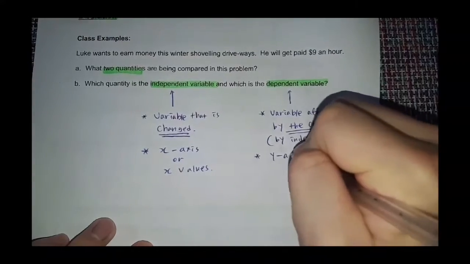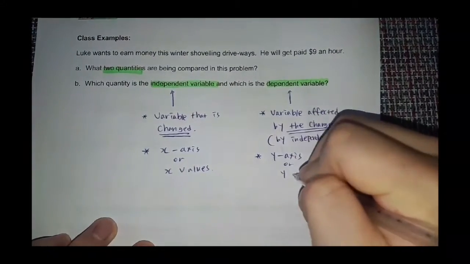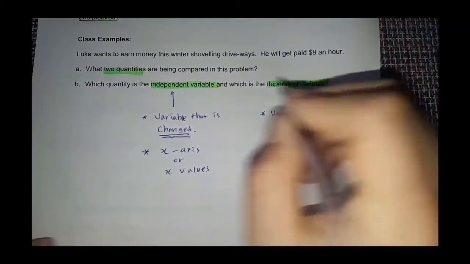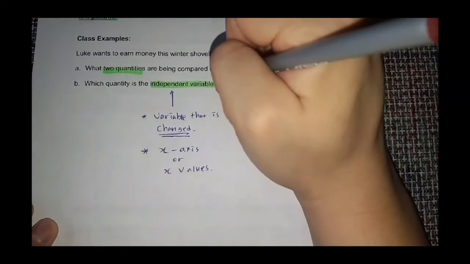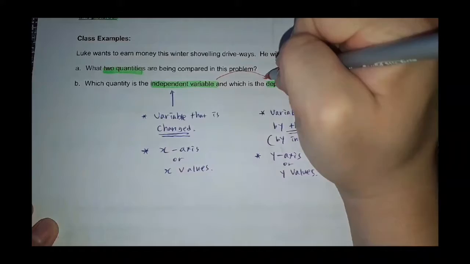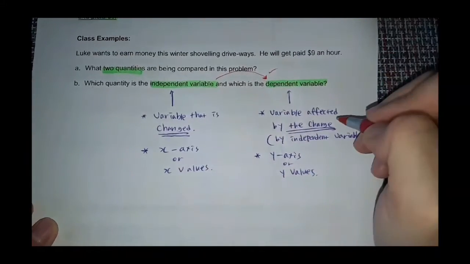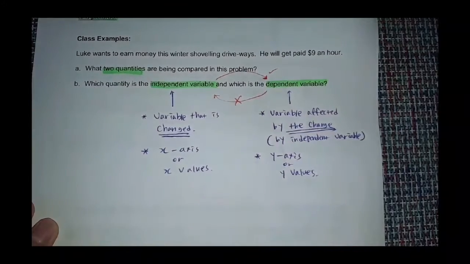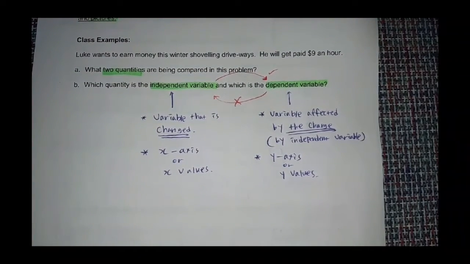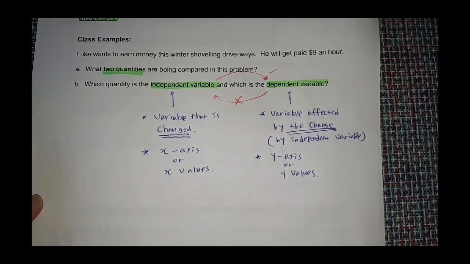So we call it the y-axis or y values. So when it comes to the relationship between independent and dependent, it's always the independent that affects the dependent variable, not the other way. Dependent variable does not affect independent variable, even though mathematically there is a way to go backward, but we are not going to focus on that.